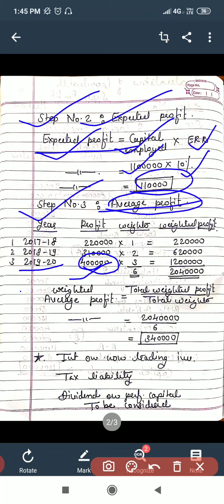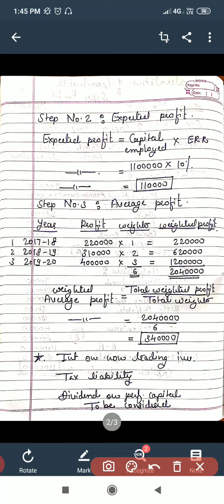Now, we have been instructed that every year the profit before tax for the last 3 years is increasing by 90,000. It means for the year 2019-20, if the profit is rupees 4 lakhs, for the previous year 2018-19 it must be rupees 3,10,000, and prior to that it must be rupees 2,20,000.